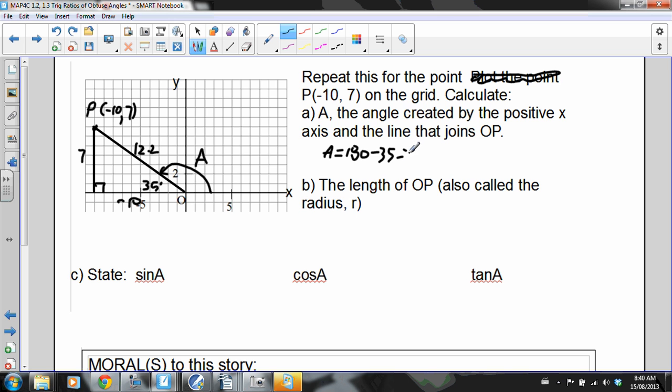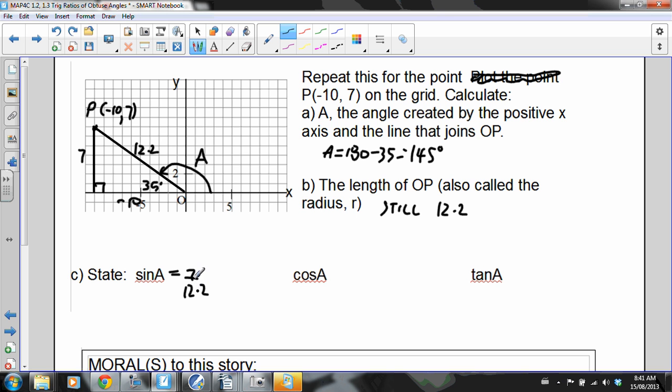Does that look familiar? I hope so, because that's exactly what we were trying to get out of you from the investigation, that these two angles add up to 180. The length of OP is still 12.2. That's from earlier, same triangle. And so now the sine of A is still opposite over hypotenuse, opposite from this angle, 7. It's still 7 over 12.2.